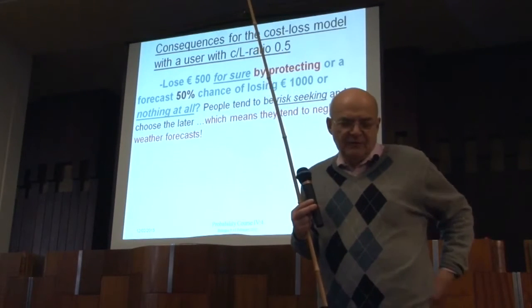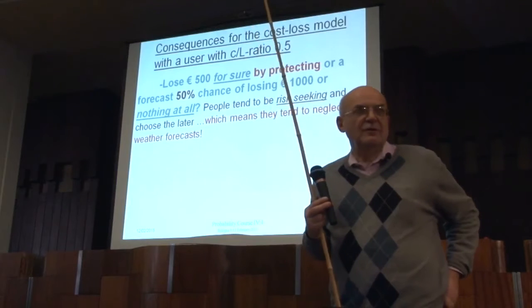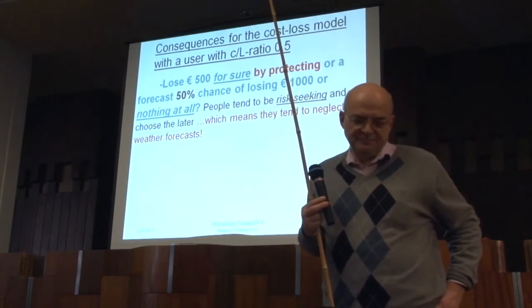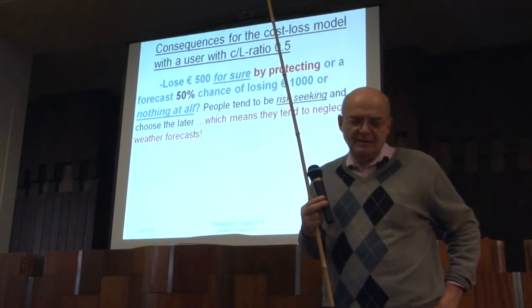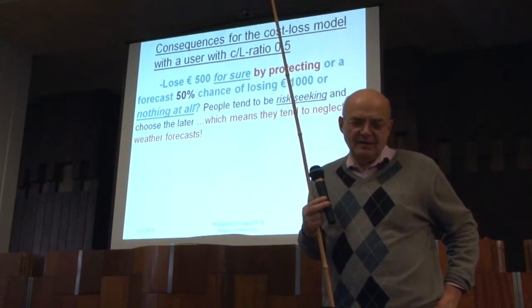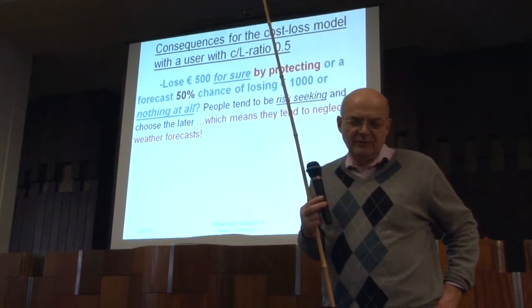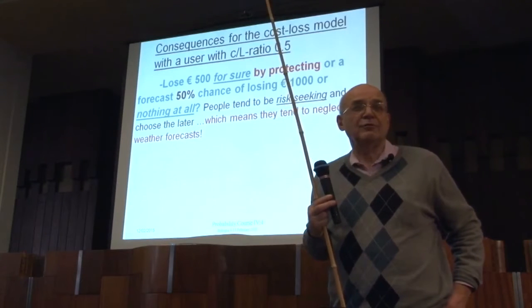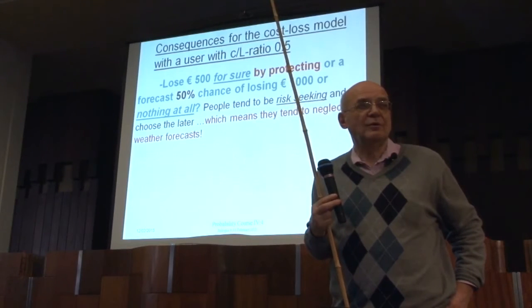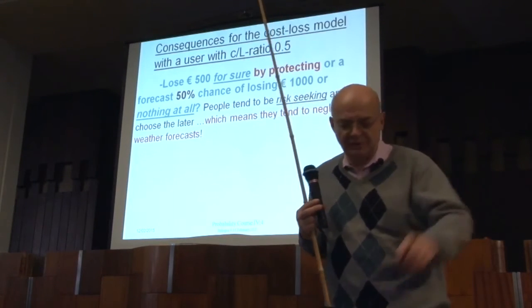And if there is a 50% chance of avoiding a loss of 1,000, then if people are risk-seeking, they might neglect the weather forecast and always protect or not protect. I'm not quite sure here.